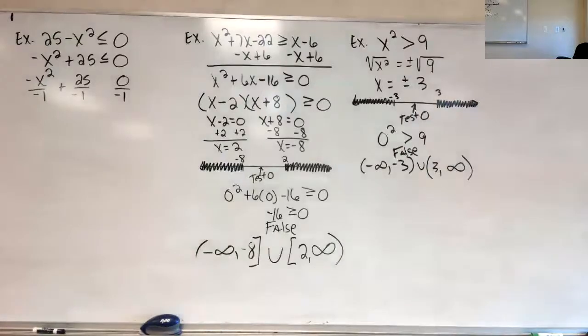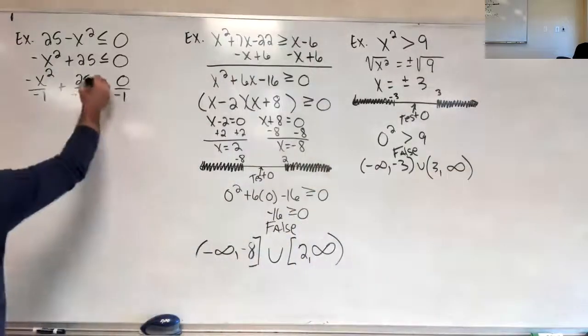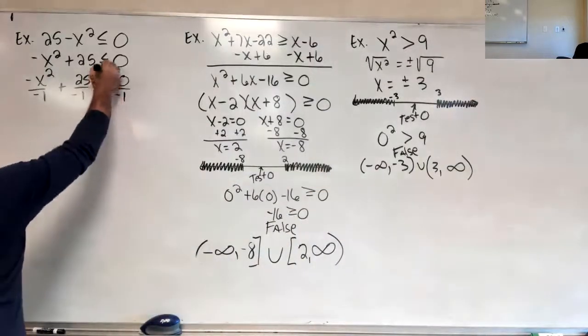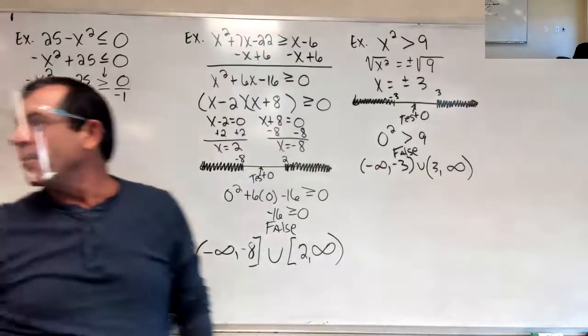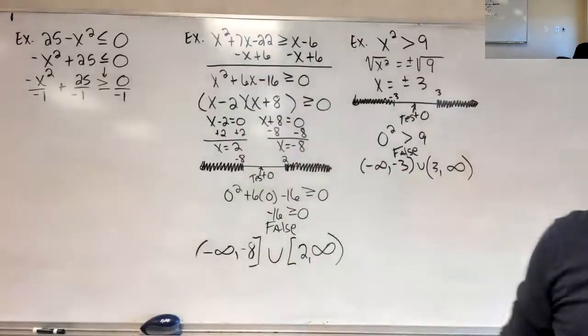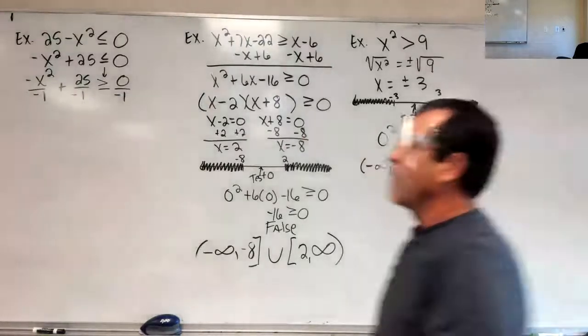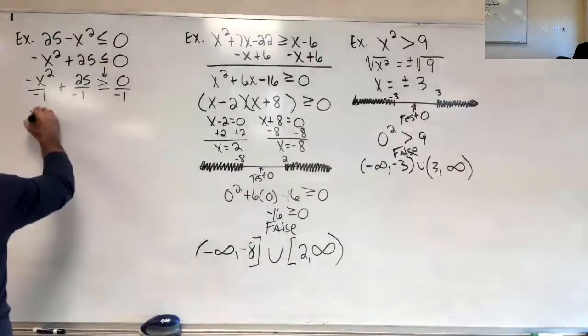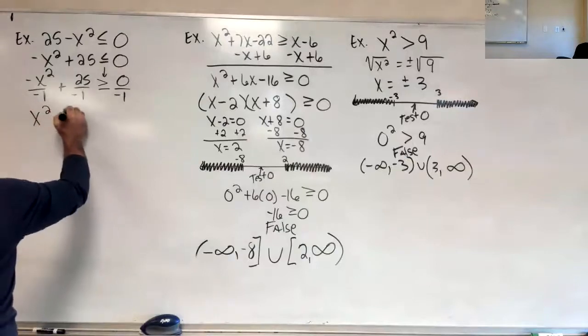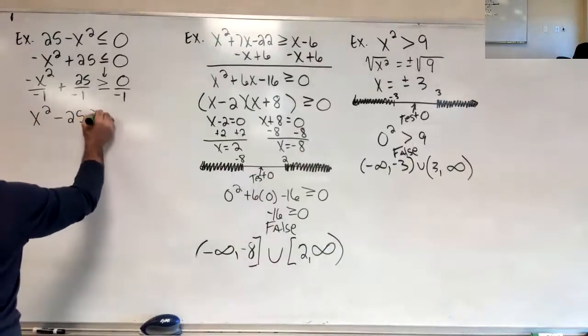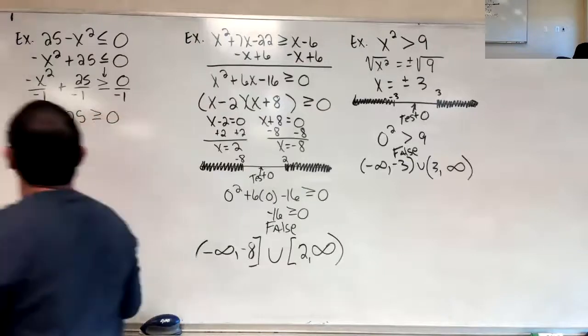But since I'm dividing by -1, I'm about to flip my little inequality around. So that this is now a greater than or equal. Okay, so just remember, anytime you divide by negative, you got to reverse it. So I now have an x squared minus 25 greater than or equal to a 0.